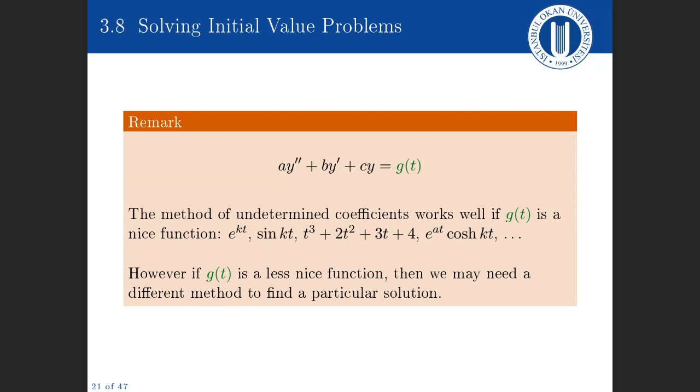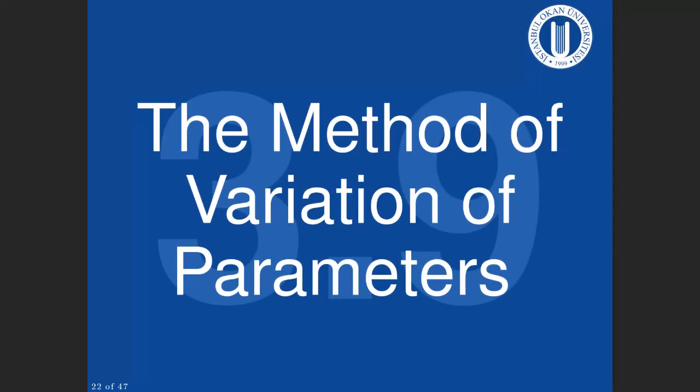But if g(t) is not a nice function, then we might need to use a different method to find a particular solution. If we have a complicated function for g(t), then we're going to need the method of variation of parameters.